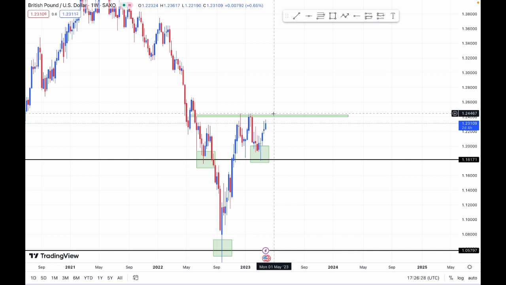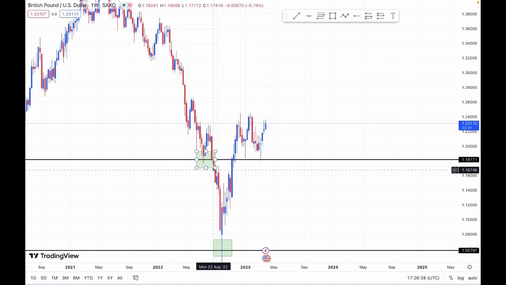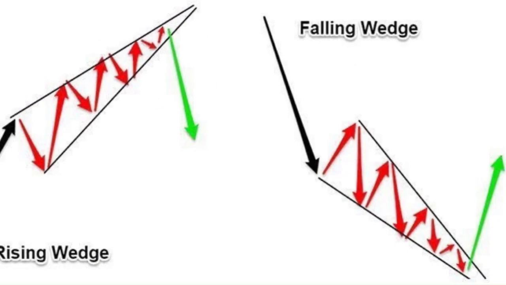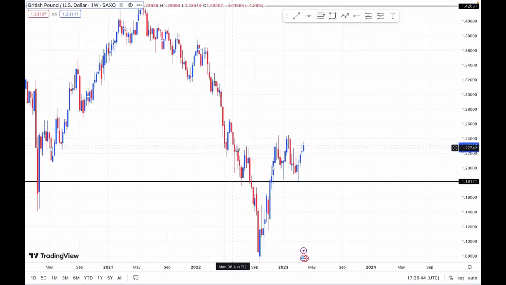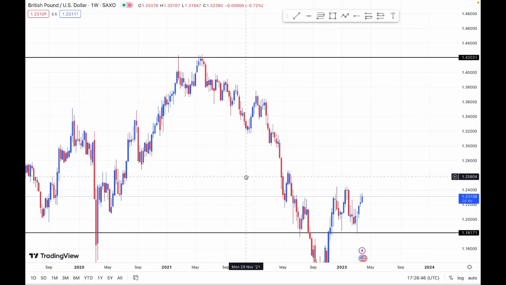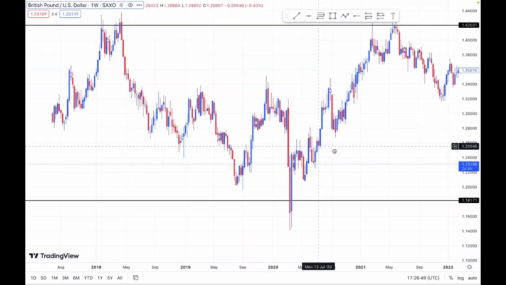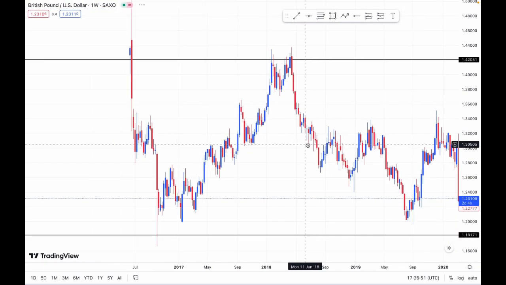So yeah, that's basically how you trade chart patterns. Those are the most important chart patterns I know and I use in my trading. And then another one is a rising and falling wedge. Let me look for an example of that right now.